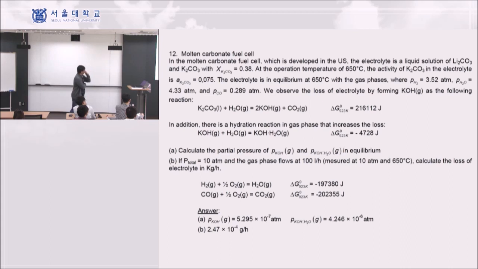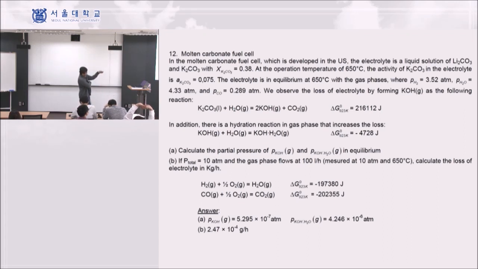The electrolyte is in equilibrium at 650 degrees Celsius with the gas phase, because the gas is inserted inside this fuel cell and makes the chemical reaction. The inlet gas is H2, H2O and CO, with H2 at 3.52 atm, H2O at 4.8, and CO partial pressure 0.289.